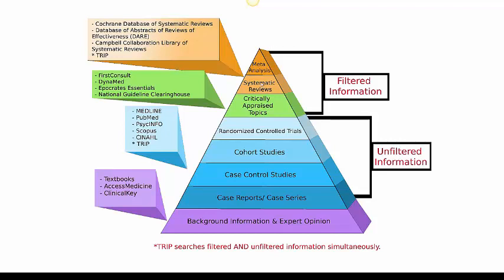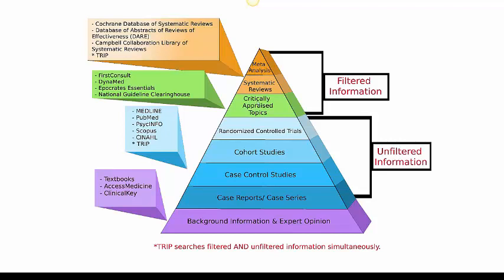So those are at the top of the pyramid, and they are the highest level of evidence because somebody has looked at a bunch of studies and said, hey, these are high quality, these are robust, and if they all are put together and compiled, the outcomes or the conclusion from these studies we can depend upon.